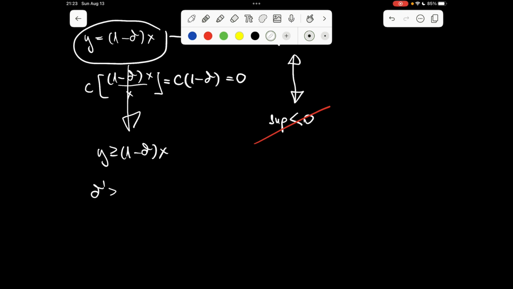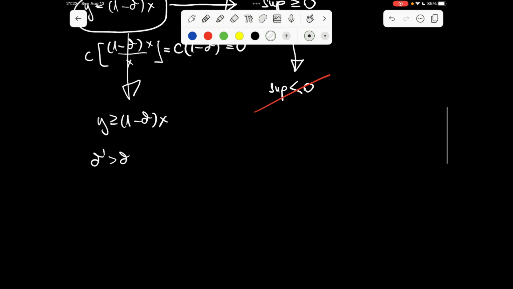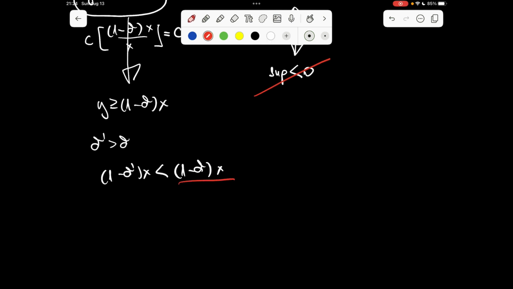If we use delta prime, which is higher than delta, the depreciation rate, it's going to be true. So this inequality holds for the problem. This is the lower bound for all the policies in the supremum problem, and this is the lower bound for correspondence gamma.